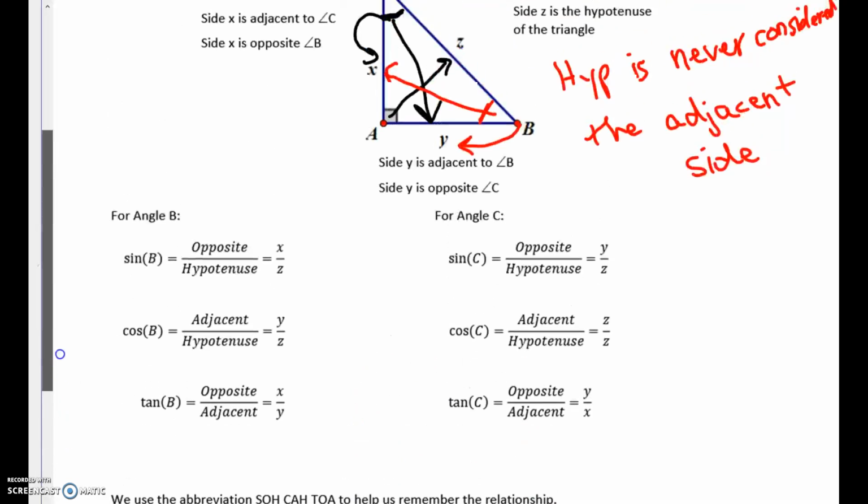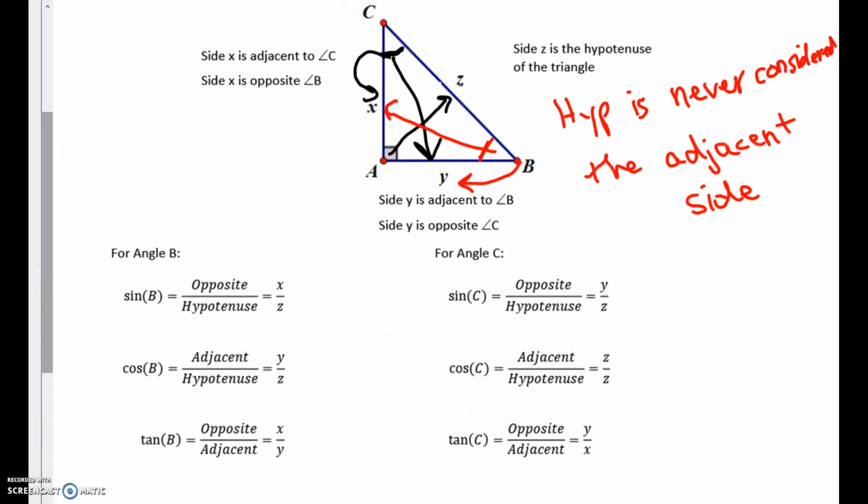So we have, again, three fundamental building blocks, and they are the functions sine, cosine, and tangent. And sine of angle B is defined as the ratio of the opposite side over the hypotenuse.